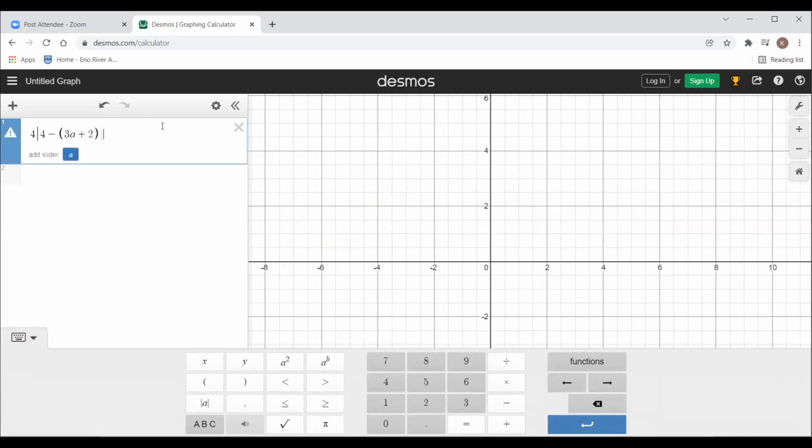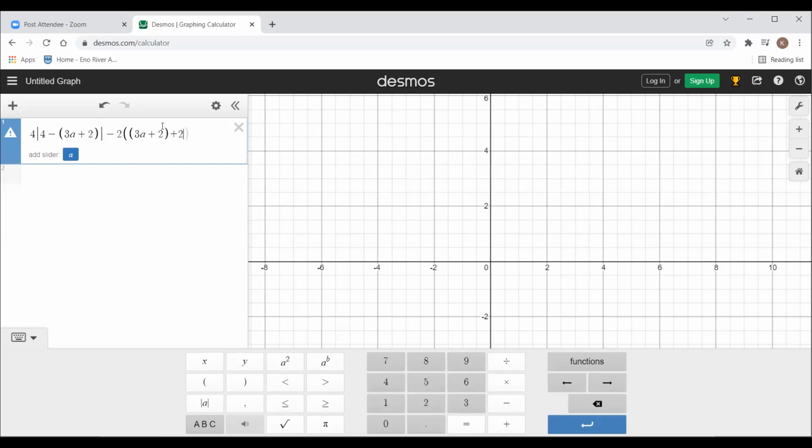Ignore the add slider part. Just don't touch anything. Just let it be. So I got this minus 2, 3a plus 2. Okay, see how I typed everything just like it was written on my paper? Everyone got that? So I'm typing it exactly the way I wrote it on my paper.